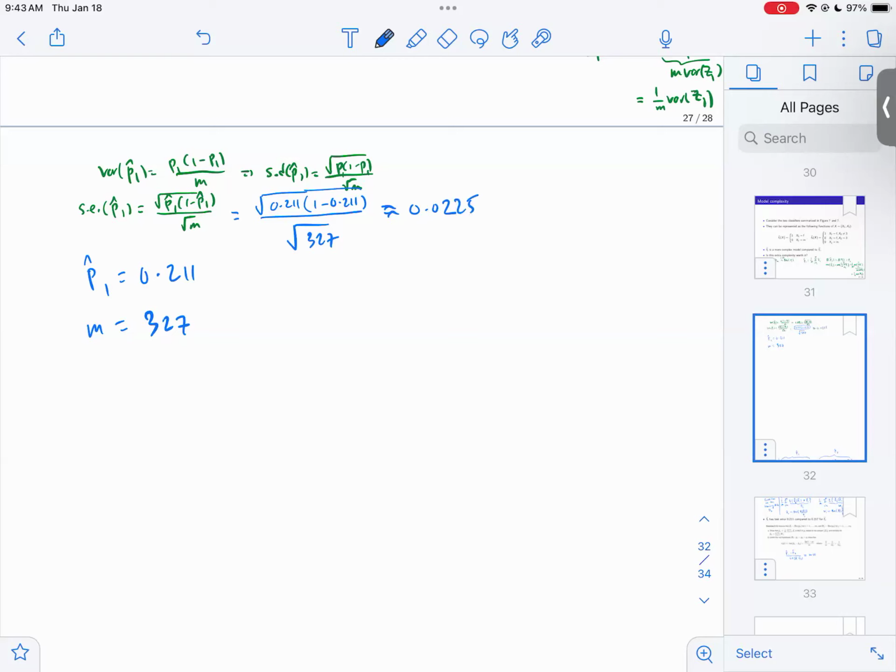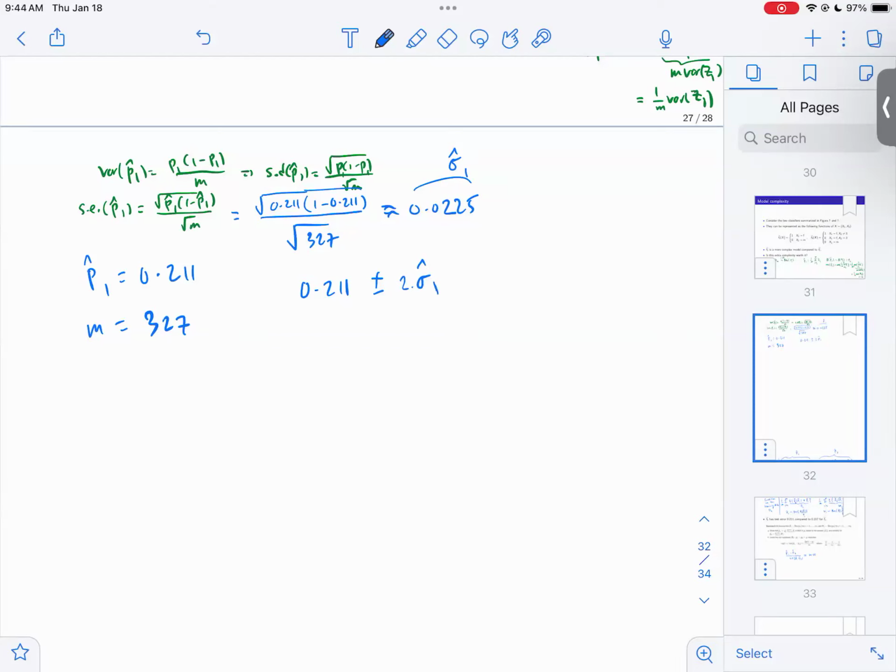What it's saying is that it's 0.211 plus or minus a factor. If I want 2 standard deviations, either they report it as the variance, or you say about 2 times, these are rough calculations, the sigma hat.